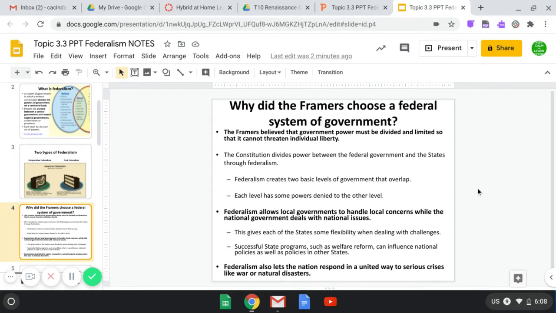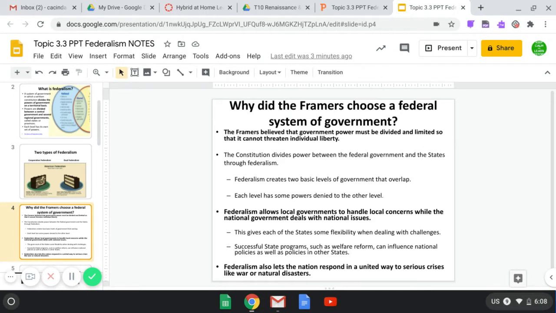Okay. It also allows smaller governments. So you've got the federal, the state, but then you've got the county, the township, the town. It allows them to have some ability to handle their local issues, and the national government can deal with the bigger issues at the national level. So it gives flexibility, allows some differences.